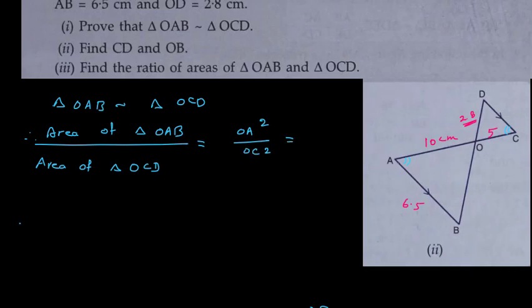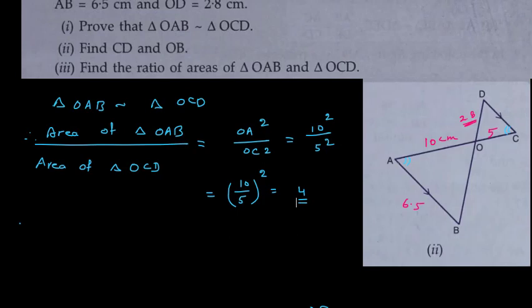The value of OA is 10, so it is 10 square, divided by OC which is 5, so it is 5 square. So this ratio is 10 divided by 5 the whole square. 10 divided by 5 is 2, so it is 2 square, which is 4.